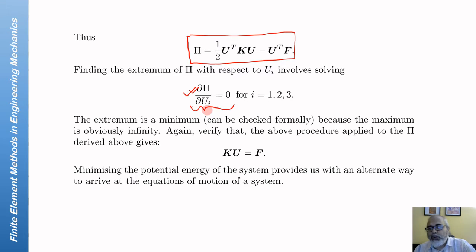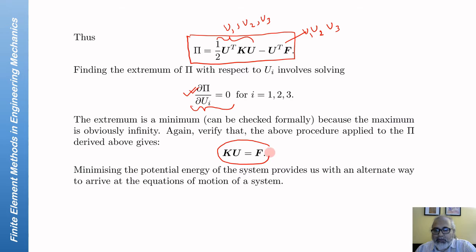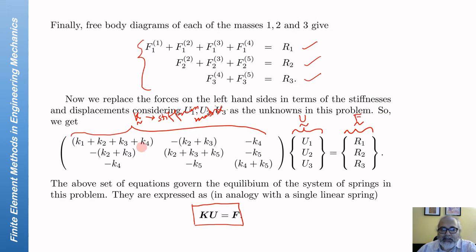Again, I want you to check this formally, that if you now write this whole thing down as a function of u1, u2, u3, and then take these derivatives del pi del u1, del pi del u2, etc., and set them to 0, then you get back the same set of equilibrium equations, which in the matrix form are ku equal to f, as we had got by simple force balance that we did here.